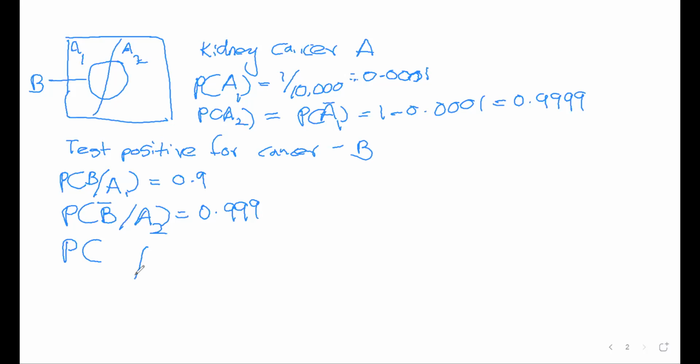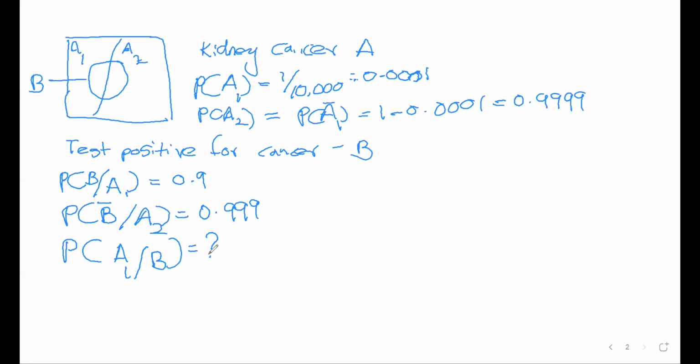So the given information is that the test indicates she has the cancer. The test indicates positive, it is B. B is given. Find the probability that a patient has kidney cancer, that is A1. This is the thing we have to find.